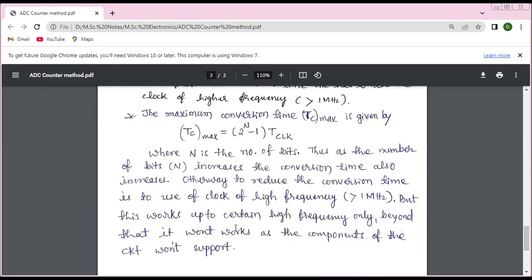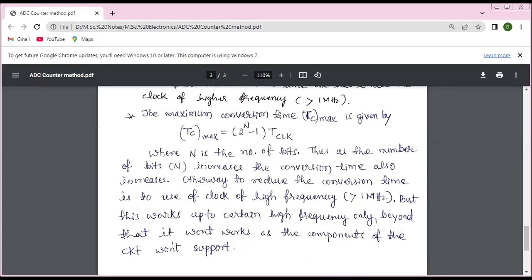But this works up to a certain high frequency only. Beyond that, it won't work, as the components and subcircuits may not support it.